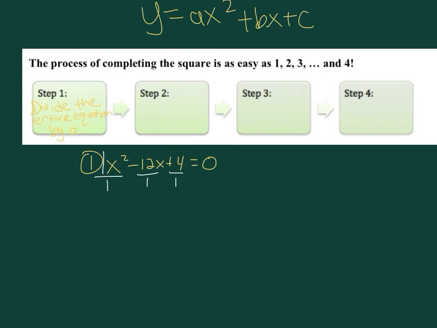It's not going to change anything since we're dividing by 1. But there is our first step in the process of completing the square. Our second step in the process of completing the square is to move the constant to the other side of the equation. We just kind of want it out of the way for now.